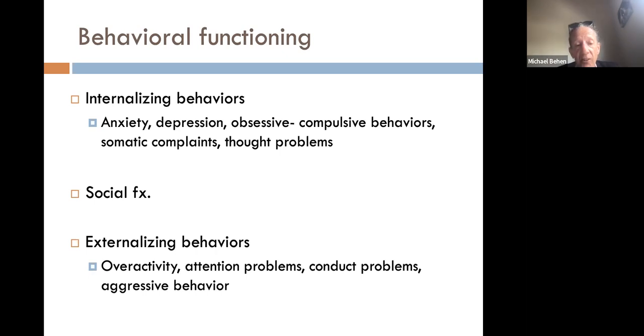Want to get a full understanding of any social communication concerns, any kind of difficulties navigating or understanding the social world that might contribute to the problems. And then are there externalizing behaviors? Is there any kind of rule breaking or conduct problems, behavioral control problems, those kind of things.